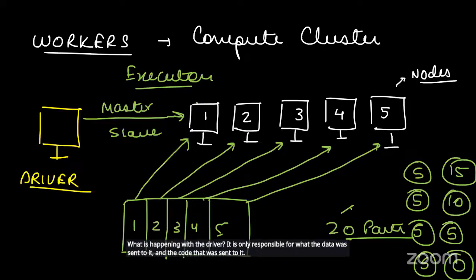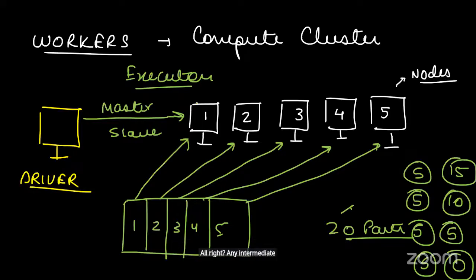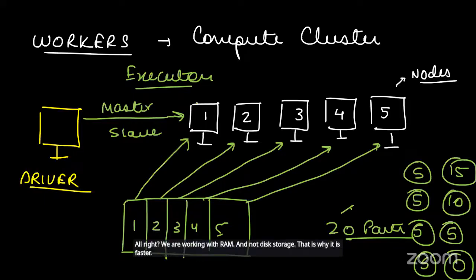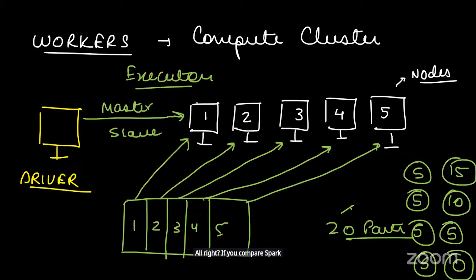All right. Any intermediate result, the executor keeps in its own memory. So that is one reason why Spark is so fast, because it makes use of memory rather than disk. All right. We are working with RAM and not disk storage. That is why it is faster. If you compare Spark with Hadoop, because it stores data in memory and processes data in memory, Spark in some cases is even 100 times faster than Hadoop.